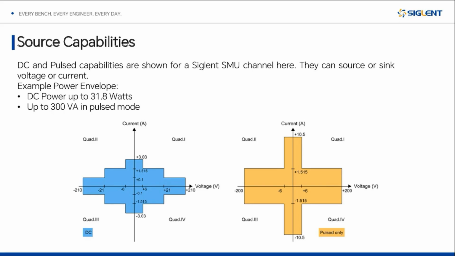The other thing to note here is the 4 quadrants that are marked here, quadrant 1 through 4. This implies, and it's the truth, that these instruments work in all 4 quadrants. What that means is a source measure unit like this can provide voltage and push current. It can also absorb current like a load, and it can operate entirely in the negative regime, where it both applies negative voltage and absorbs or delivers current.